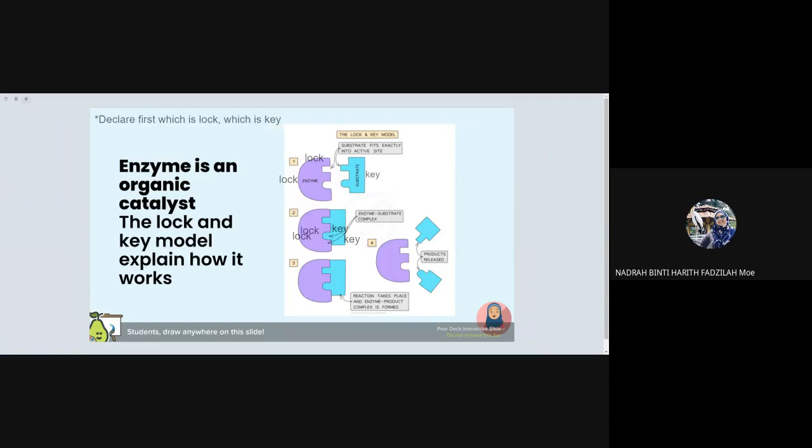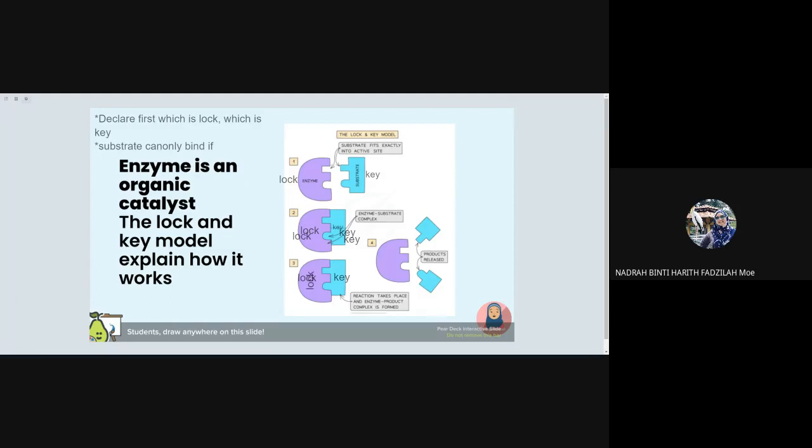Sebab substrate can only bind to the enzyme because the shape of the substrate fits exactly into the active site. Fit exactly maksud dia apa? Rupa active site pada enzyme tu complement the shape of the substrate. Okay, so the substrate can fit exactly into the active site.